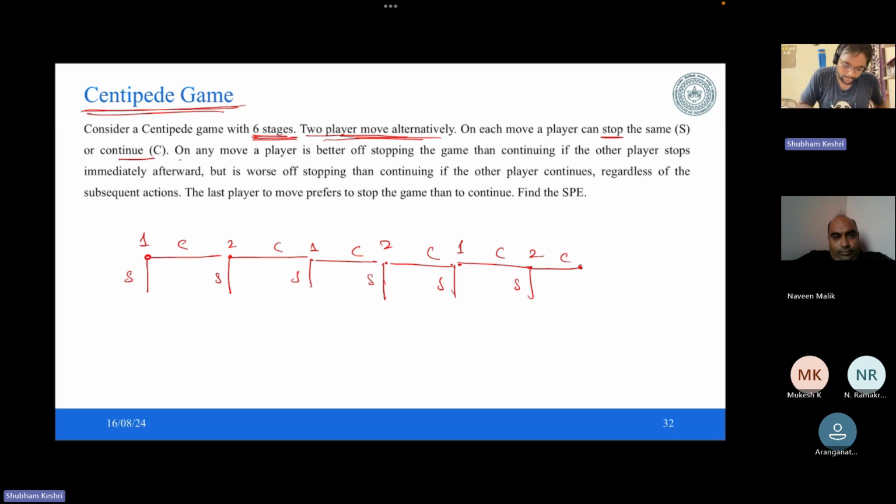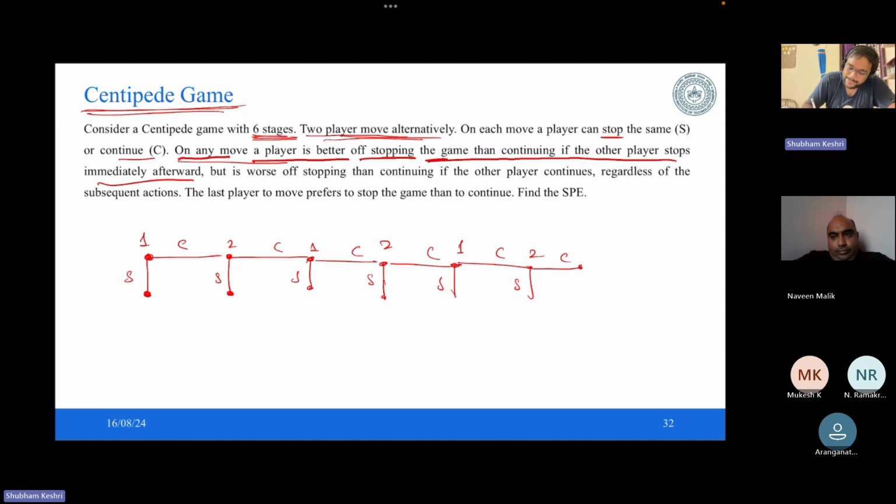All right. So on one move, a player is better off stopping the game than continuing if the other player stops immediately. So if player 2 is stopping over here, then player 1 is better off stopping earlier. When I write the utility, it will be more clear.